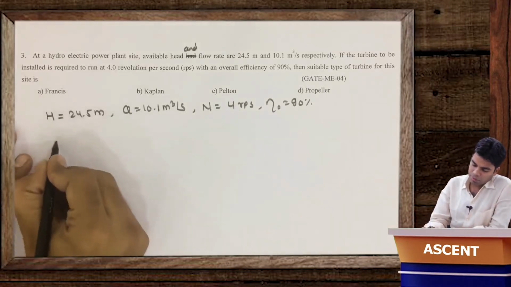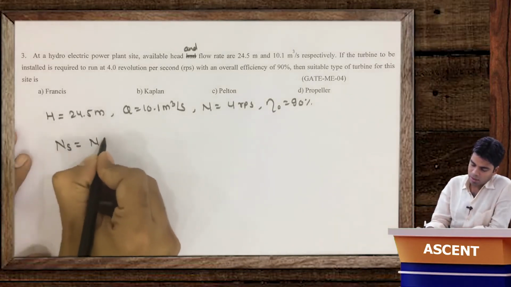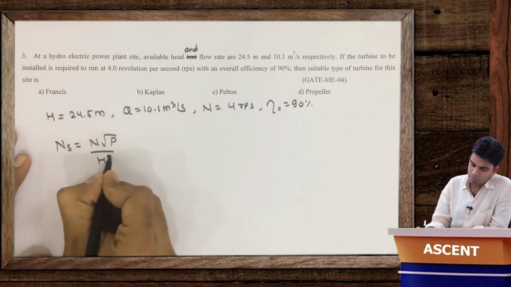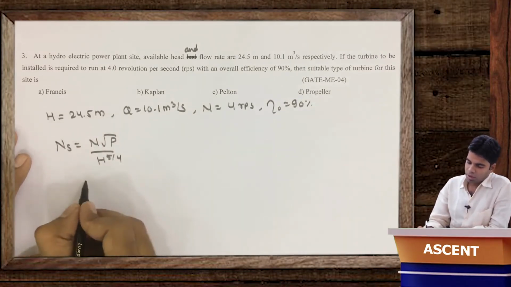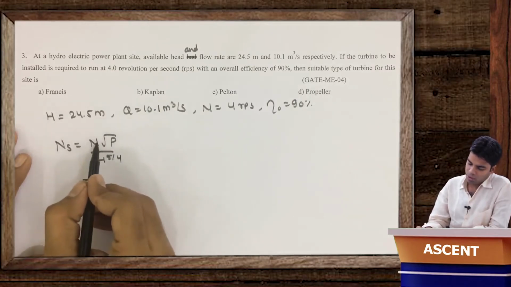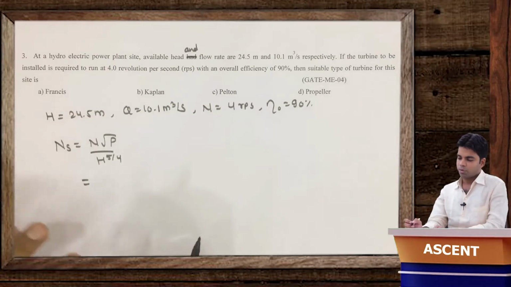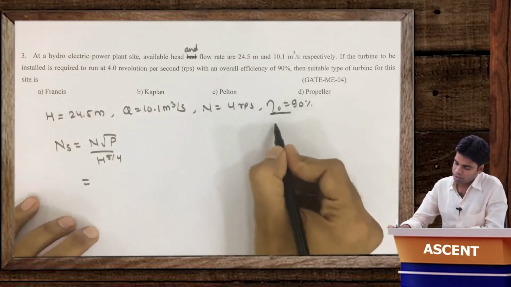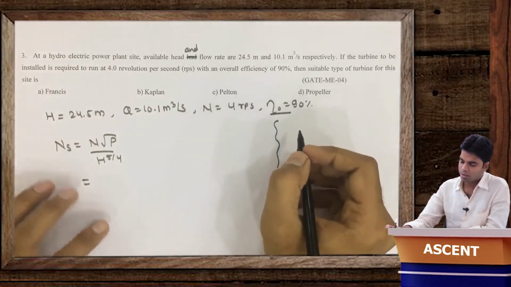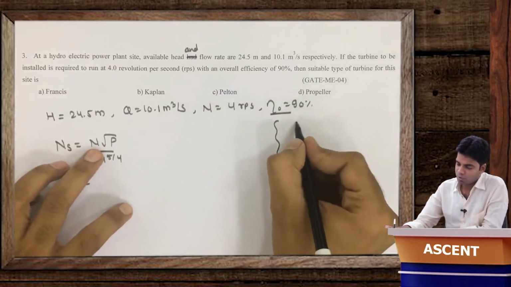Now what is the specific speed? We know Ns is equal to N root P upon H raised power 5 by 4. Now we have the value of N, we have the value of H here, we don't have the value of P. What we can do is, the overall efficiency is given, and from this overall efficiency the value of the shaft power can be determined.